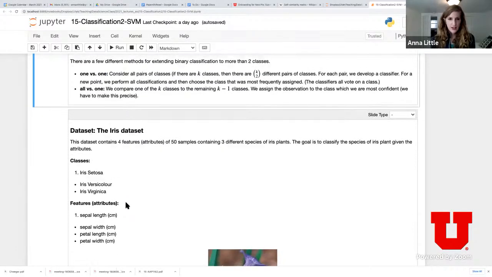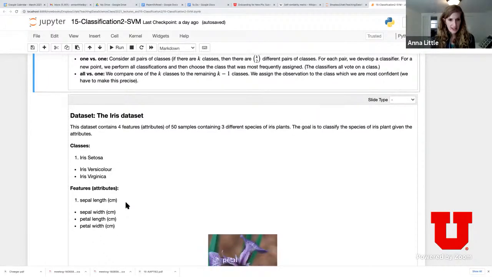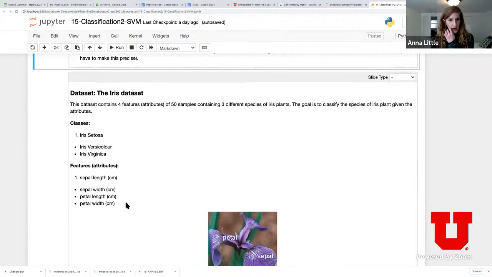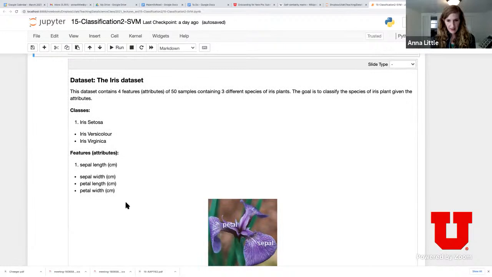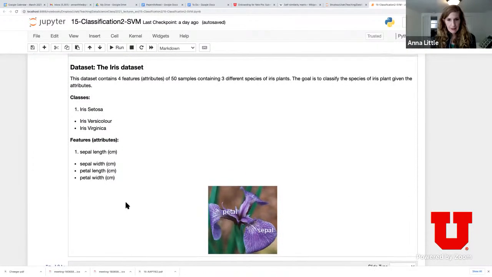Okay, now let's look at another data set, which is the Iris data set, one of the built-in data sets that's available. We've looked at this one before, but let's do a little recap. It's a data set containing 3 different species of iris: Iris setosa, versicolor, and virginica.